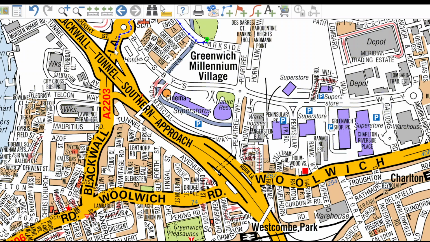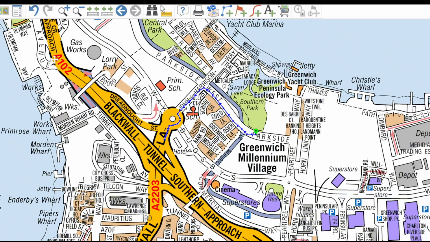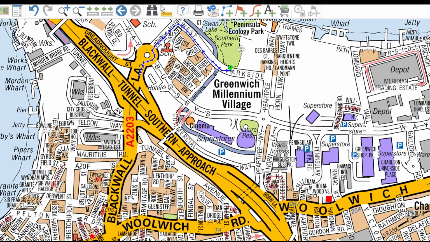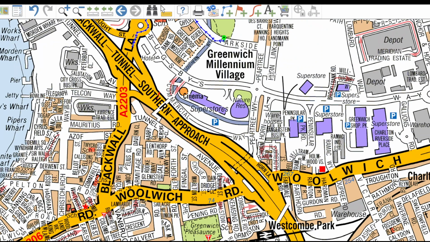If you are moving and you can come in this road, here there is a roundabout underneath, so you can come through this roundabout and move, and then you can come on this road and enter into the tunnel approach. So you can use either option.